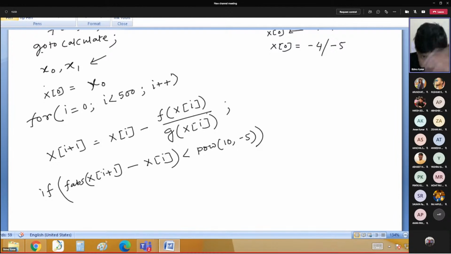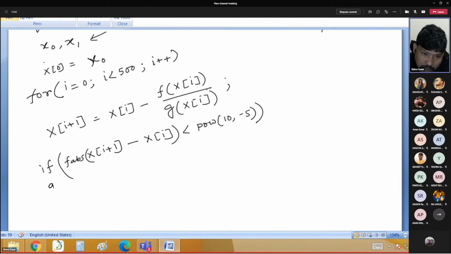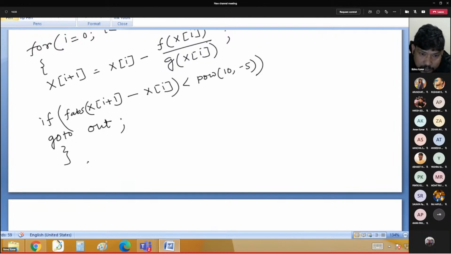No need to do the step-by-step iterations again. You just break this loop here. Go out here. And your for loop is finished. And you just add the out. You just print the solution.